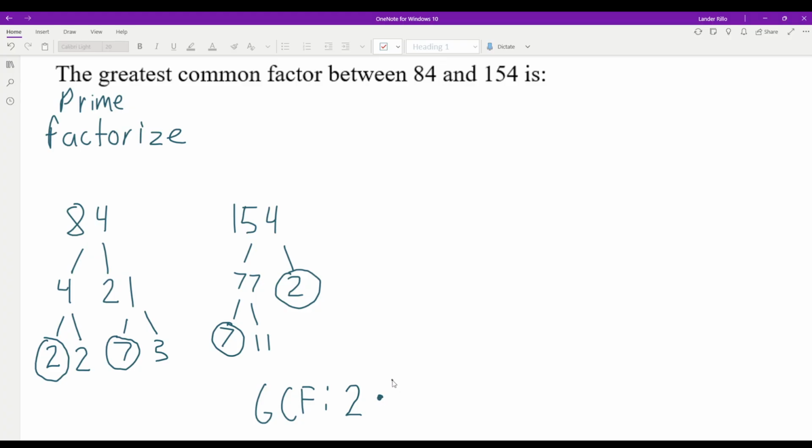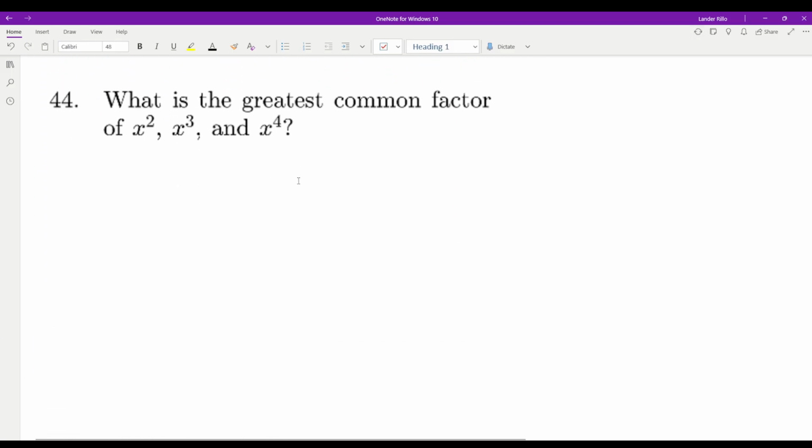So we multiply by 7. And those are the only 2 common factors. To get the GCF, we just multiply all the common factors between them, and the GCF between 84 and 154, also known as the GCD, is 14.